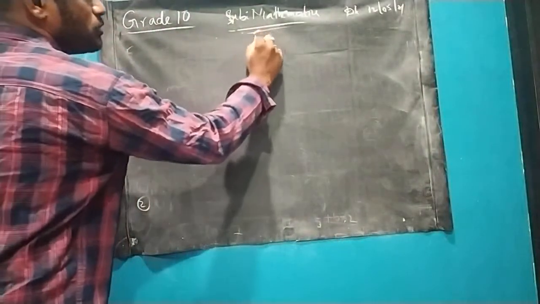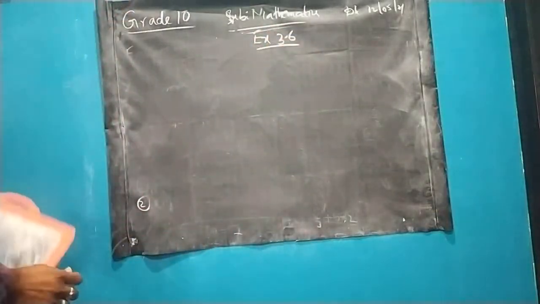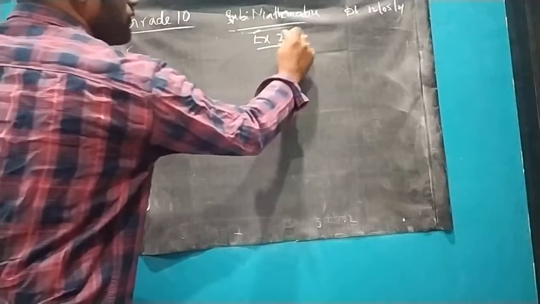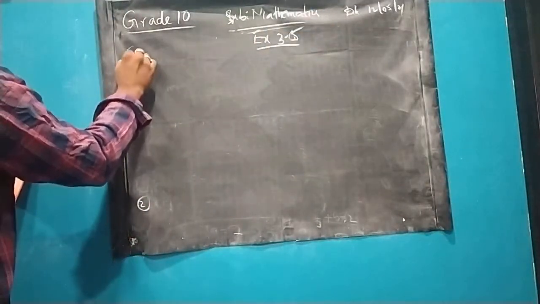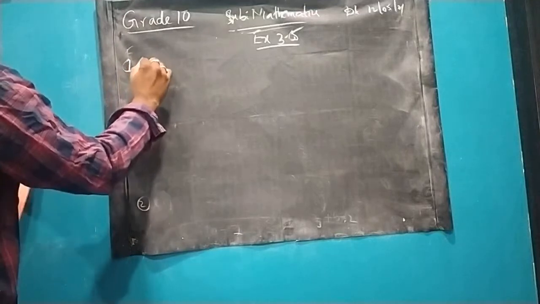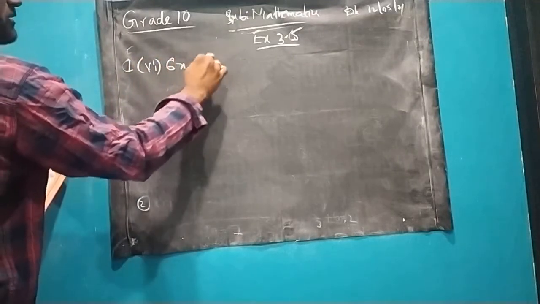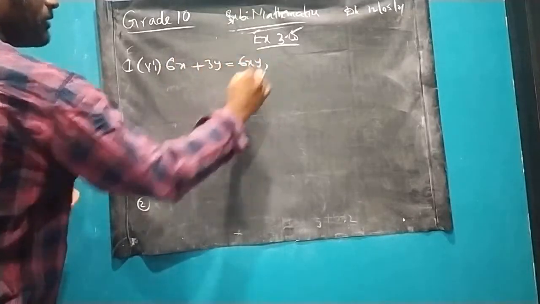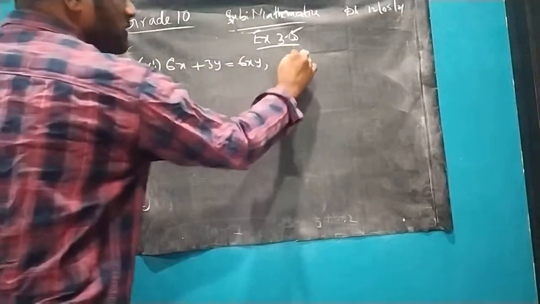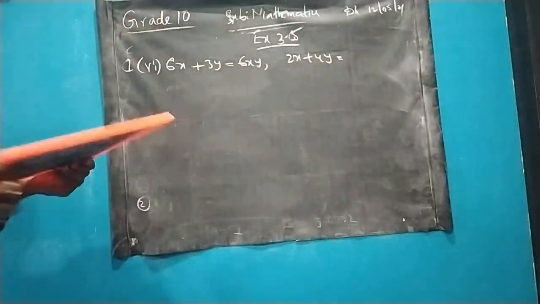Let us take the exercise question, exercise 2.6. This is the first bit, the sixth question we are doing. 6x plus 3y is equals to 6xy, comma, 2x plus 4y is equals to 5xy.